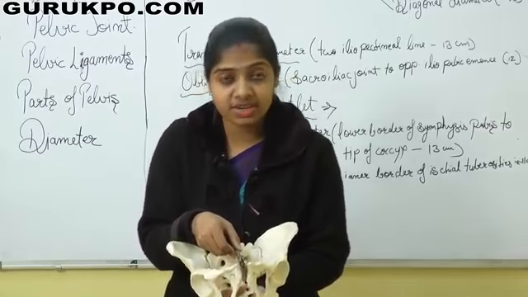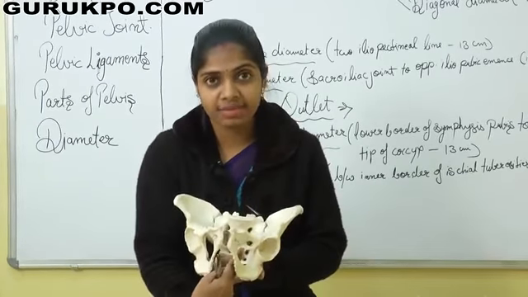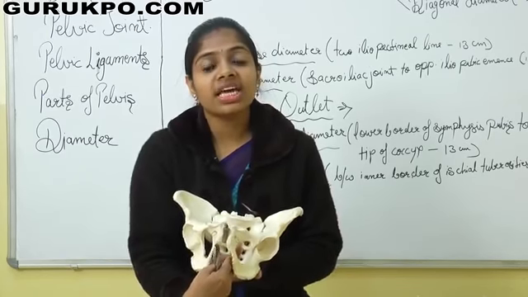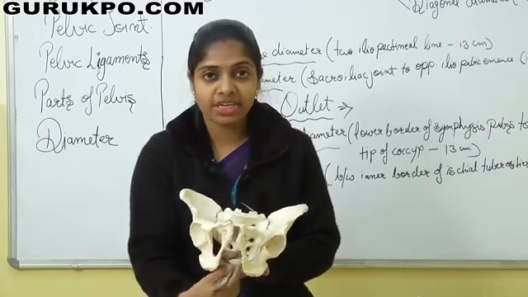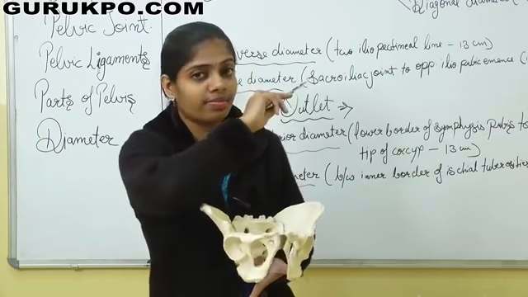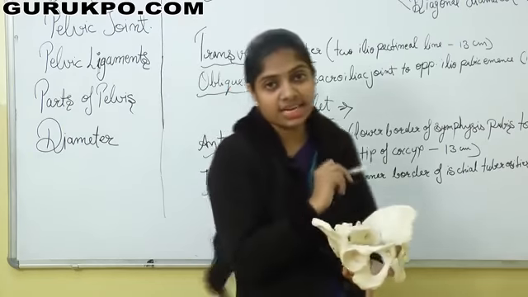Now how will you measure this diameter? As I told you, we can measure only the diagonal diameter, which is 12 centimeter. If we subtract 1.2 from this diagonal diameter, we will get this anatomical diameter, which is 11 centimeter.